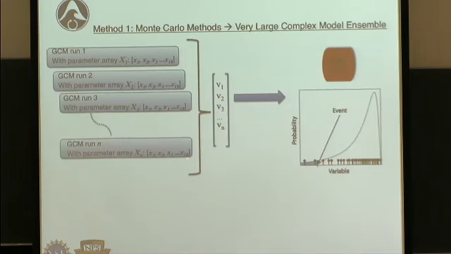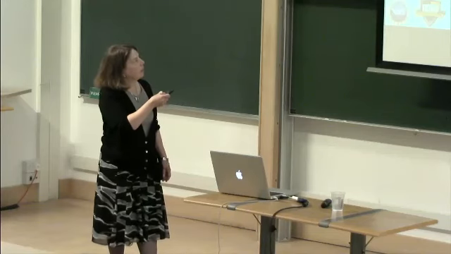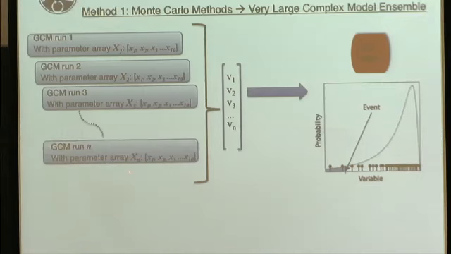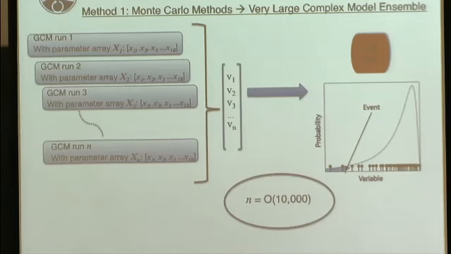I'm using x in the broadest sense of a parameter, meaning it could also refer to initial conditions, the model structure, model forcing, as well as the parameters used in the physics of the model. Again, you would have a set of outcomes created from this large ensemble, and then you can directly figure out what the PDF of the outcomes would be. This would need on the order of 10,000 or so members to create this PDF, and that's just impossible for a GCM.